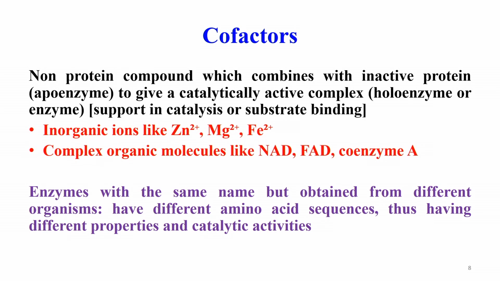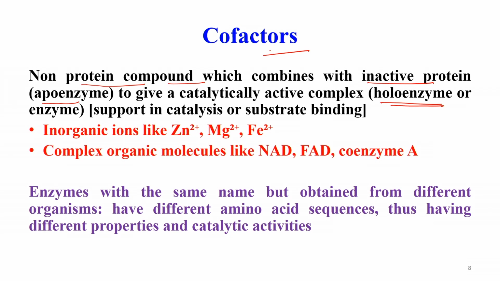In addition, many times the functional property of enzymes is achieved in the presence of a cofactor. They require some non-protein compound for their function. If this is the case, then the enzyme without the non-protein part is called apoenzyme, and when it combines with cofactors, that is called holoenzyme.